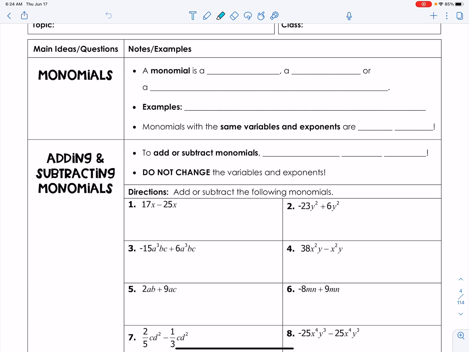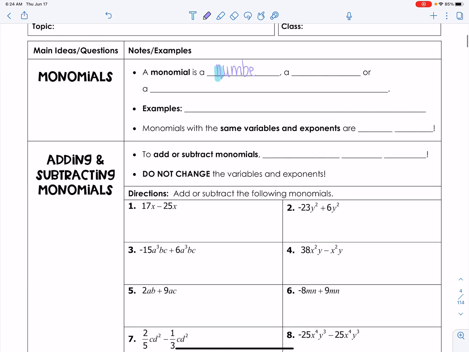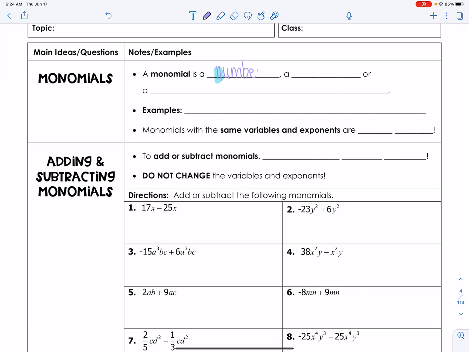So we're looking at a monomial, and a monomial is a single term. A monomial is a number or a variable or the product of a number and a variable.